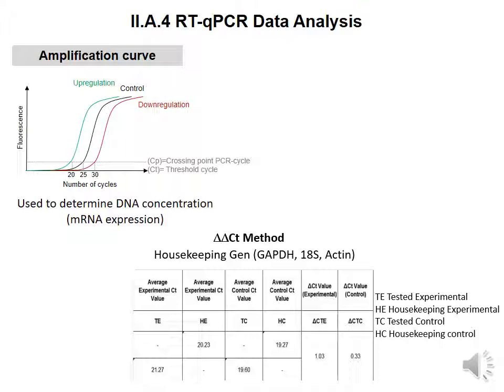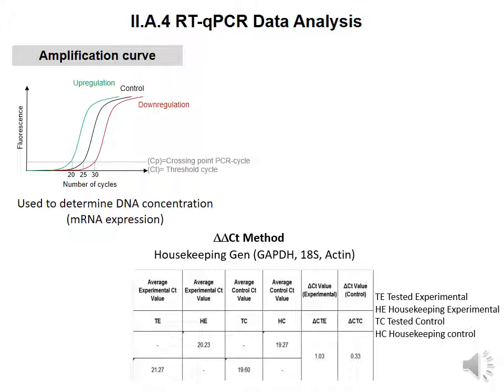It requires the assignment of one or more housekeeping genes, which are assumed to be uniformly and constantly expressed in all samples. And these are just a few examples of housekeeping genes you can analyze.